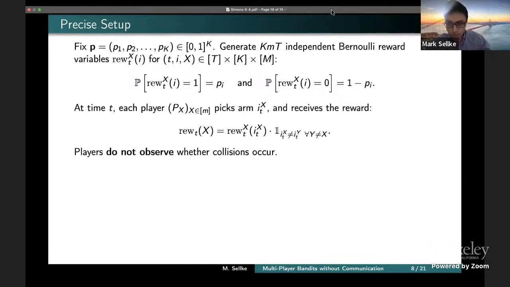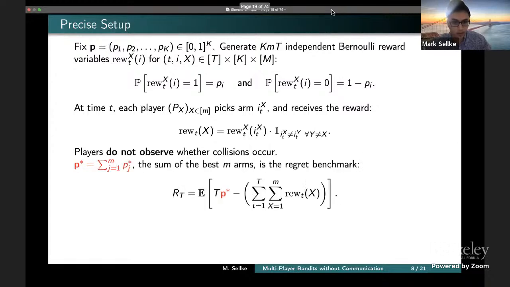That's the reward you get, and you do not get to observe whether a collision occurs. Like I mentioned before, the regret is the difference between the total reward accumulated by all the players together and the sum of the best M arms.